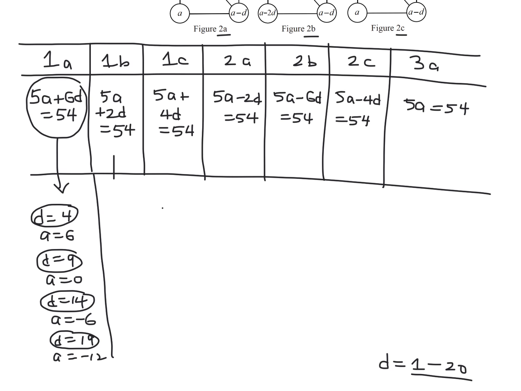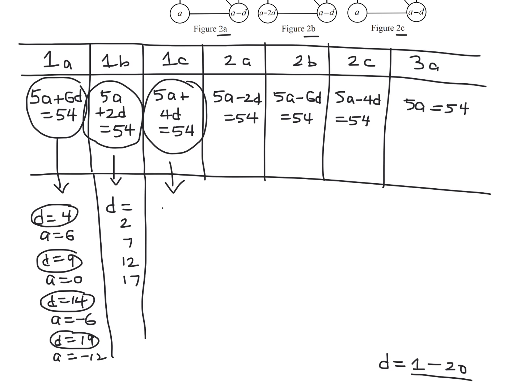In a very similar way, you have to find integer solutions for this one. And those are when D equals 2, 7, 12, and 17. And you can calculate the corresponding values of A. Very similarly for this guy, the integer solutions are occurring when D equals 1, 6, 11, and 16.